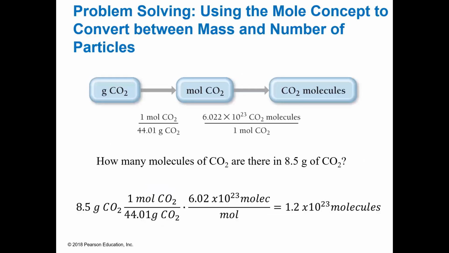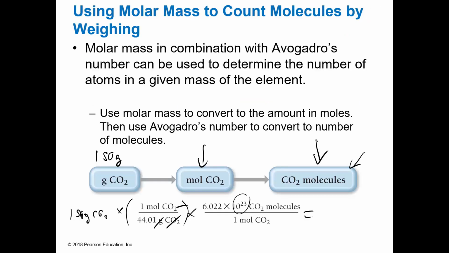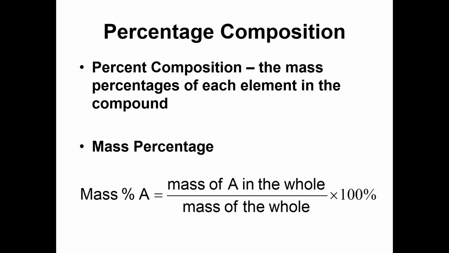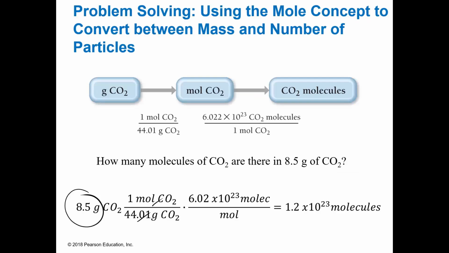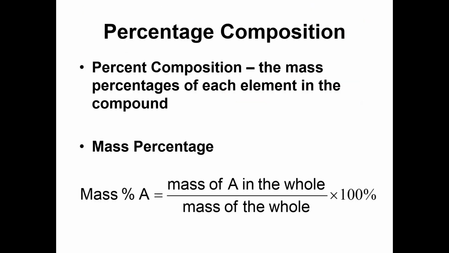I'm using an example. Instead of 150, I'm using 8.5. So 8.5 grams, divide, multiply Avogadro's number. It's the same thing, just not with 150. I don't want to re-record, so it is what it is, and you get a number of 1.2 times 10 to the 23 molecules. When we come back, we're going to do percent compositions.